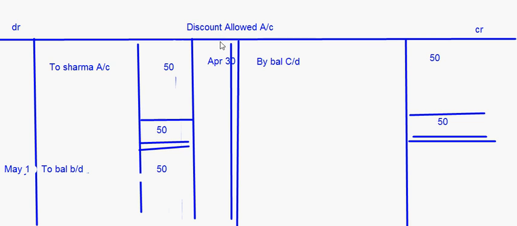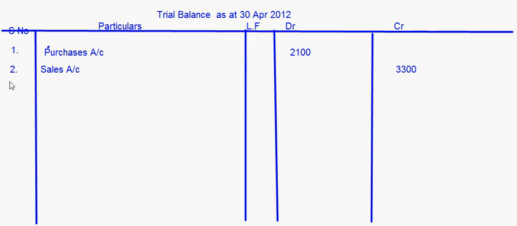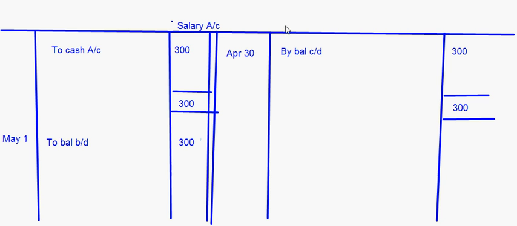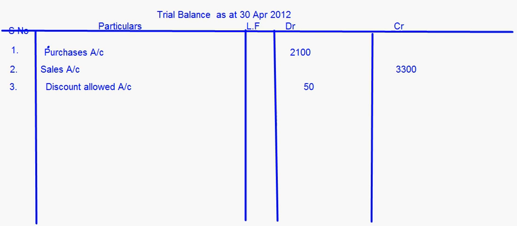So I'll take out discount allowed. Let's go from here. Discount allowed has got a debit balance of 50 rupees, right? So I write discount allowed account. It's got a debit balance, so it will come on the debit side. Okay, this we have done. Salary account again has a debit balance of 300, right? So you write here serial number 4, salary account, debit balance.